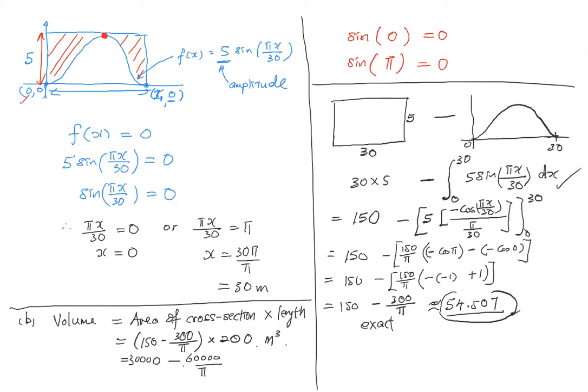If you want to make it better, you can write down the 30,000 outside: 1 minus 2 over pi. This will be a much better one. Okay, so can we move to the next one?